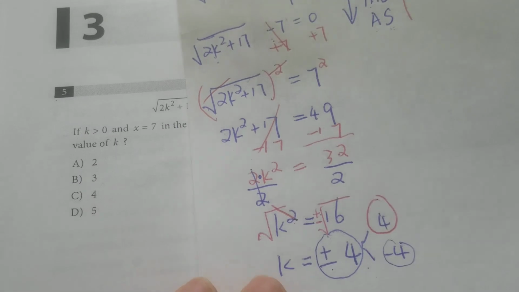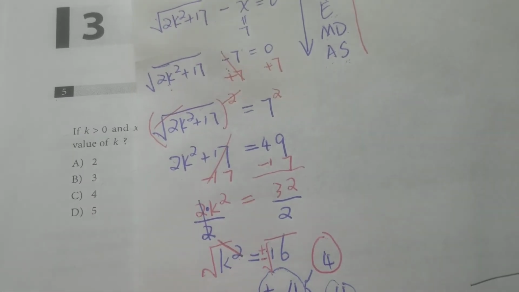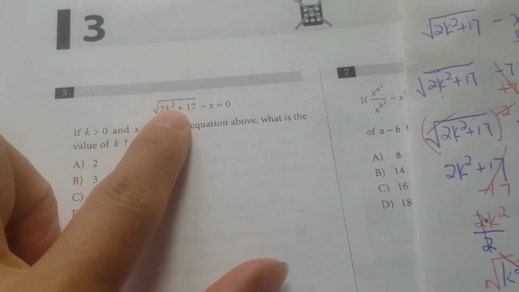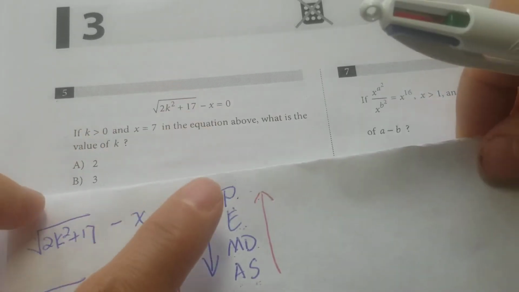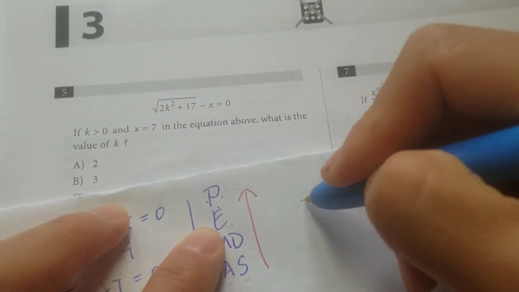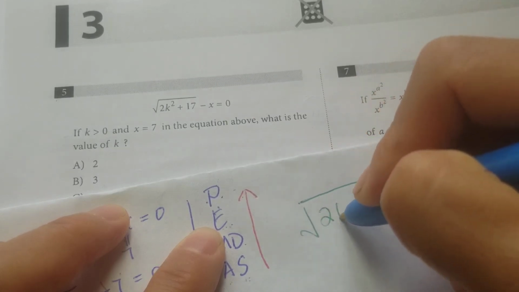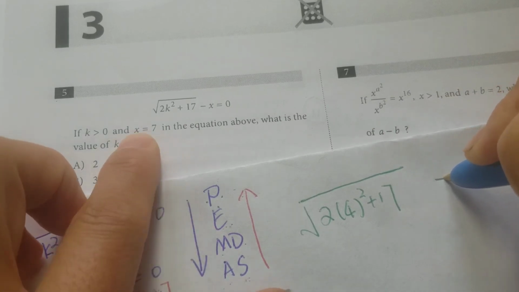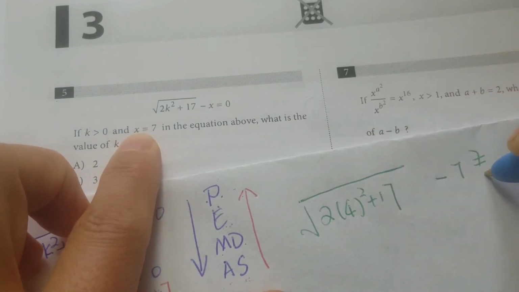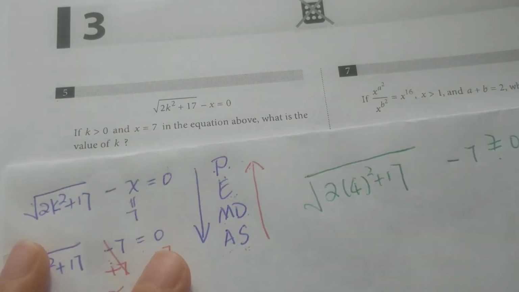Double check. If I substitute k equals 4 back into this equation, am I going to get 0? That's C. Square root of 2 times 4 squared plus 17 minus 7. Will this equal 0?